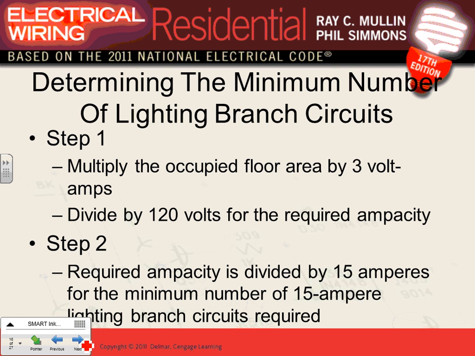So the way we do the calculation, again, you take the square foot of the building, measure it from the outside, multiply it by 3 volt-amps. But which area you do, can I get you guys to understand that habitable space, like bedrooms, living rooms, hallways, kitchen, laundry, you take the square foot of that area, the habitable space, multiply it by 3, and that'll get you the volt-amps for your building.